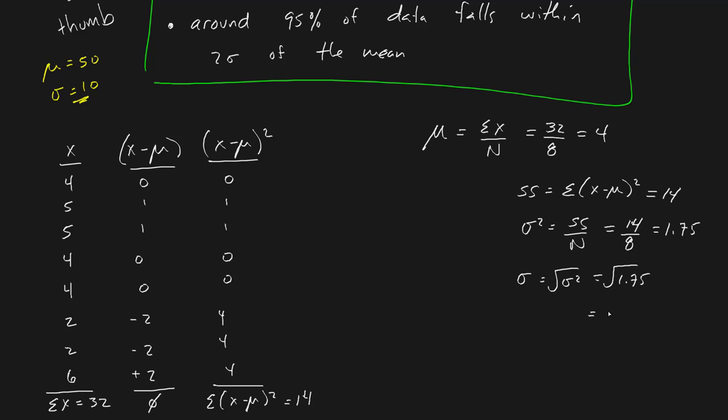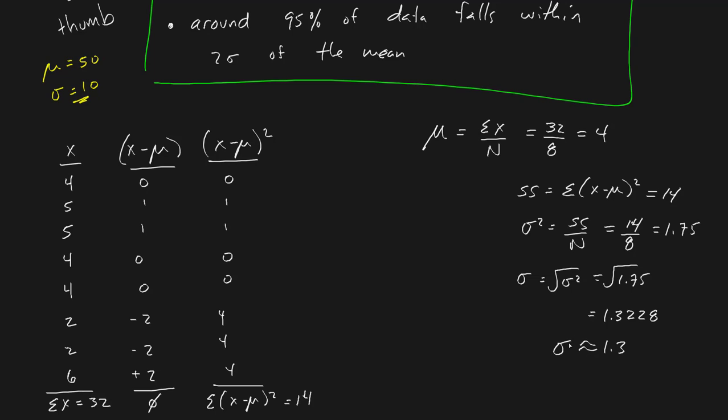And that one comes out to be 1.3228. Although I think I'm just going to round that to make it simple. I'm just going to call it 1.3. Again, this is not a hard rule. This is just a really simple rule of thumb.